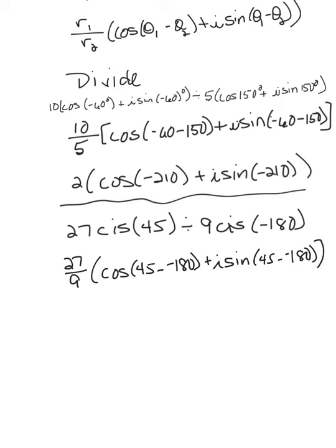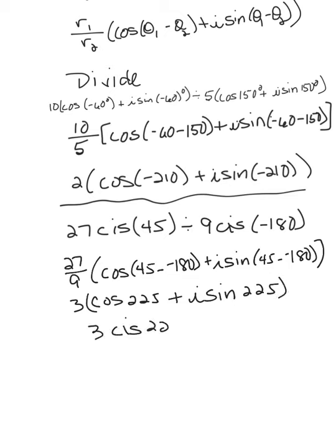If we work that, 27 divided by 9 gives us 3. Cosine 45 plus 180 gives us 225 plus I sine of 225, which you can write as 3 cis of 225.